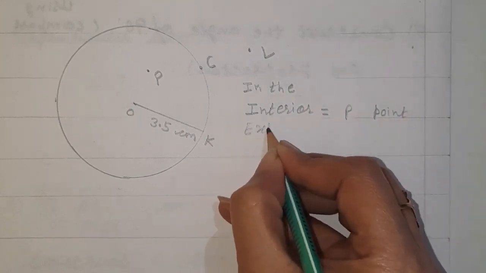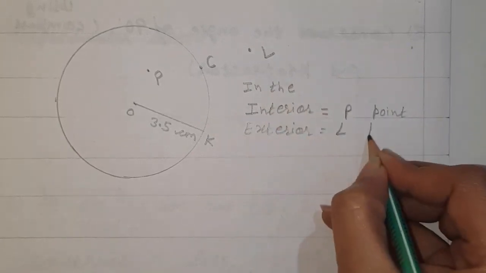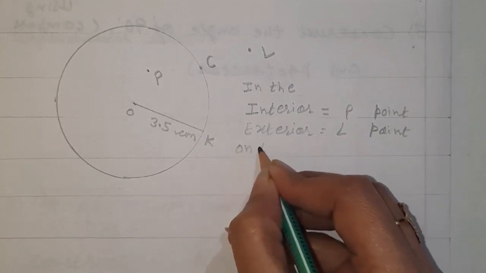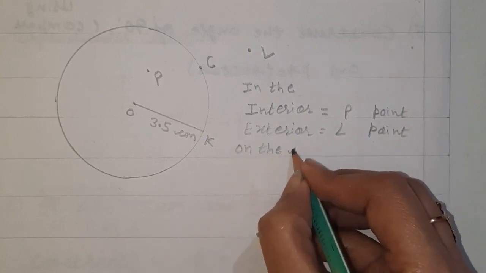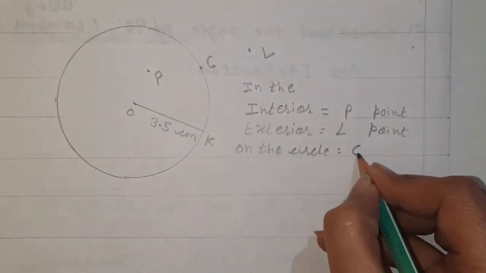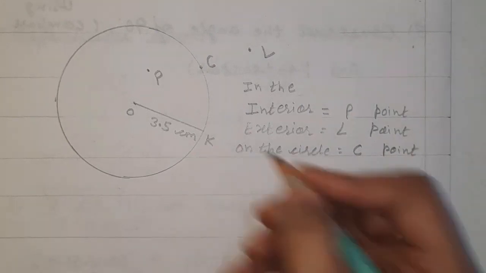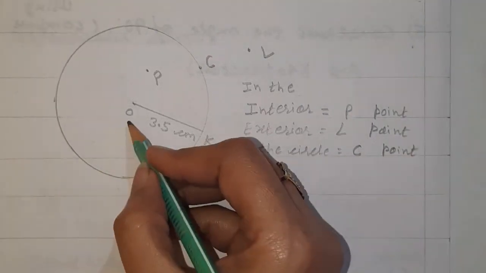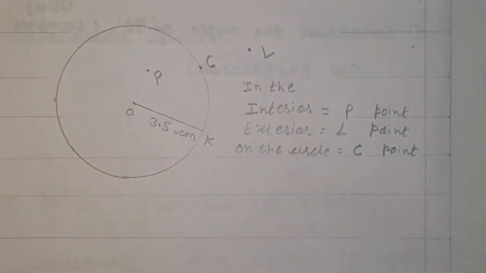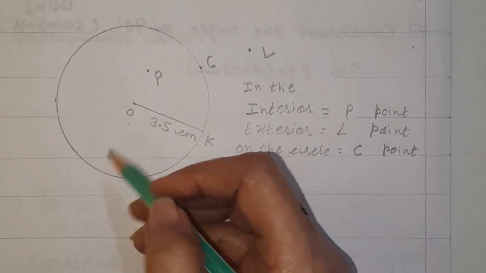Exterior, L point. On the circle, C point. K is also on the circle. O is center point, but it is interior point. Be careful, ये नहीं कि O center है तो ये interior नहीं होगा. It is also interior point.